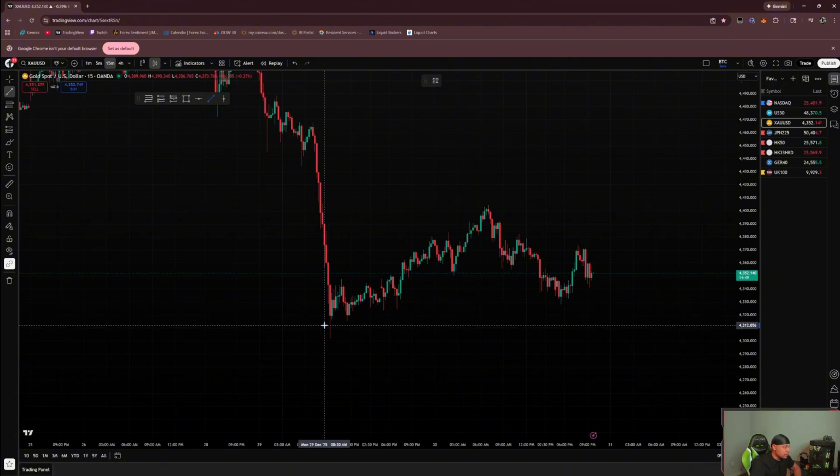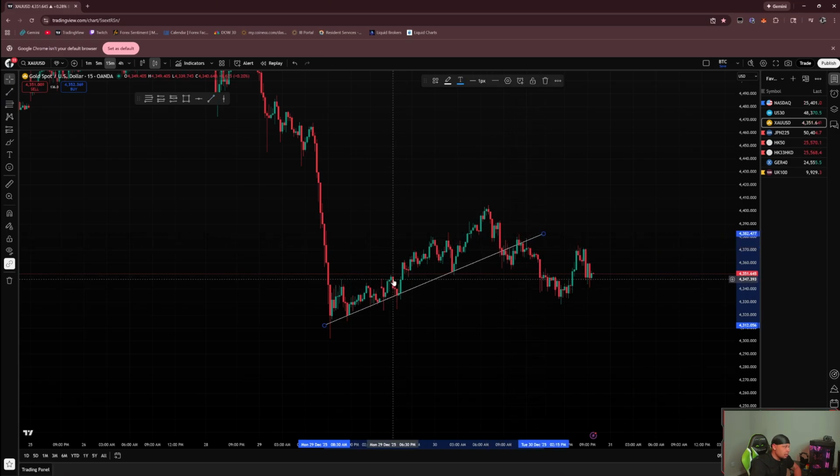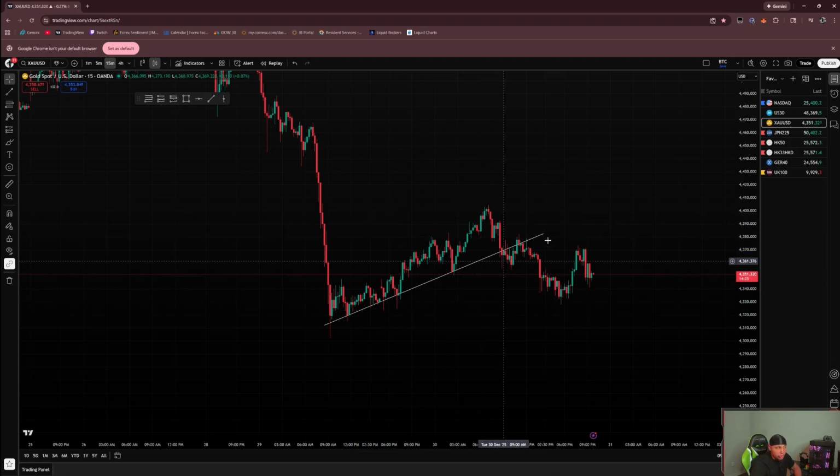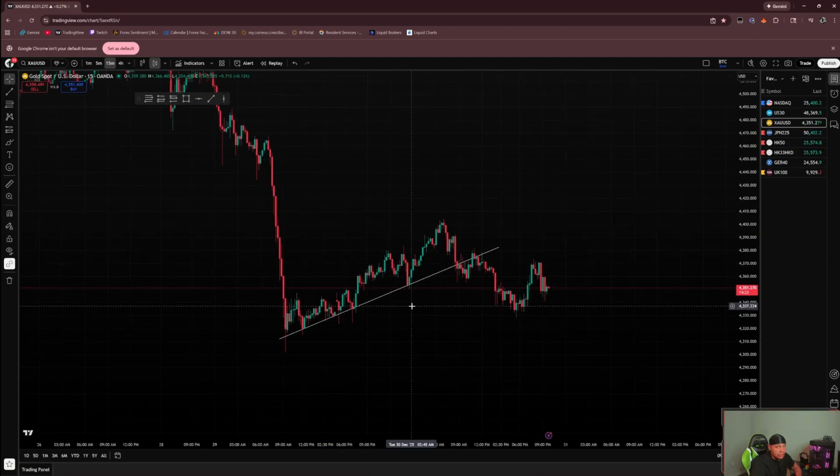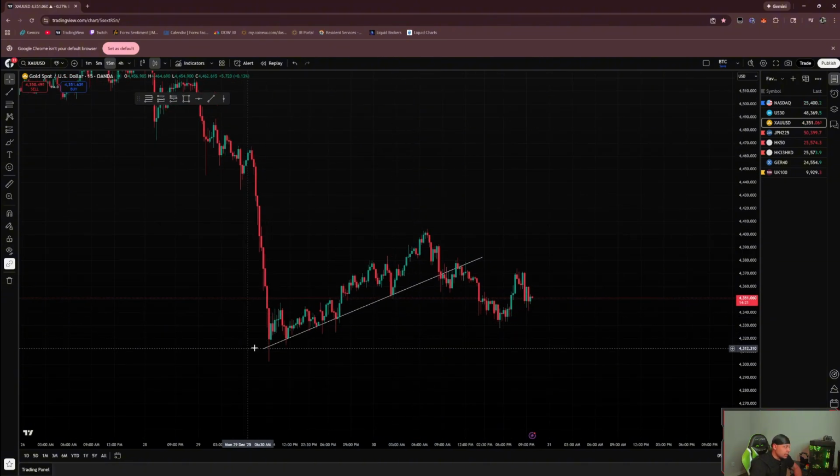So once I have this touch, I see a higher low touch. Also, I see the higher high break the previous highs, and then I have a higher low breaking the previous lows. Then I draw my trend line from there to that first higher high, higher low. And then I leave it at that, or you stretch it across. And this is an uptrend example. So once I have those two points, I draw my trend line.